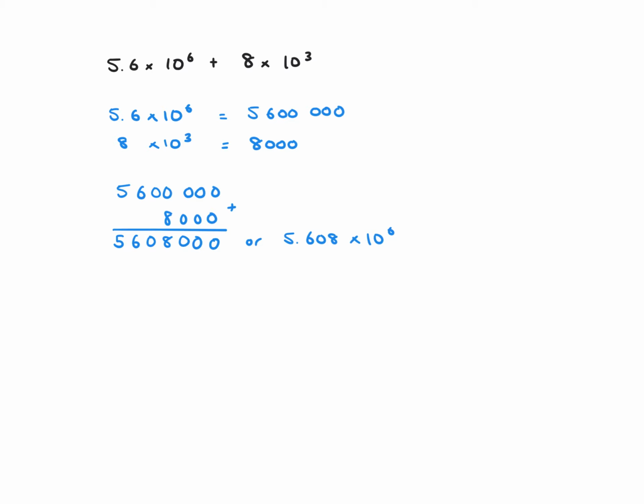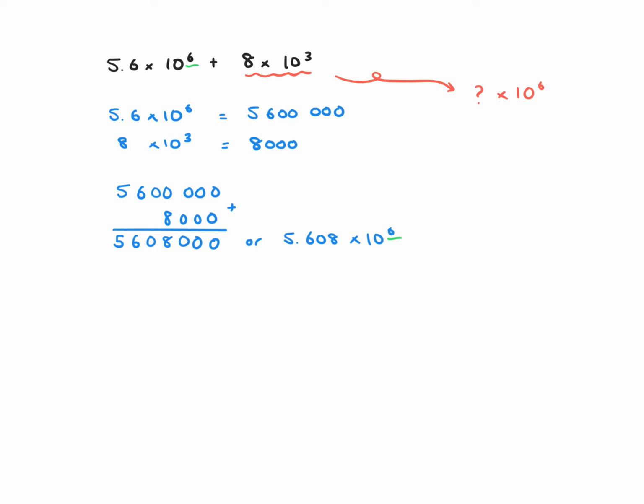Now notice how the power in our solution matched the highest power of 10 in our question. And that leads us onto a slightly different method. We're going to take the number here which has the lower power of 10, so that's 8 times 10 cubed. And we're going to rewrite it so it's something times 10 to the power of 6.